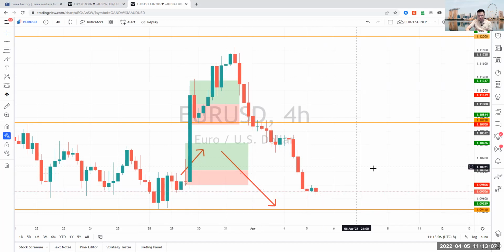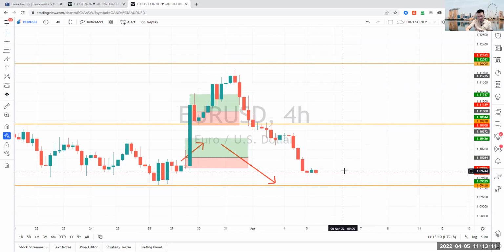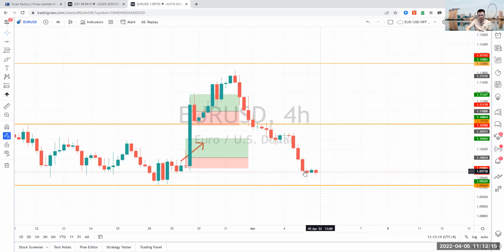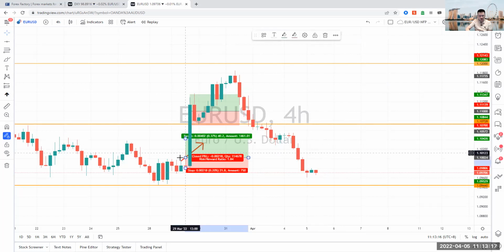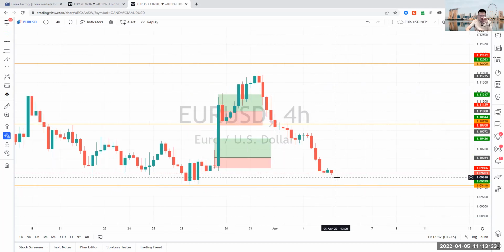So with the euro dollar now, what else to anticipate is to wait, right? I'll take this line away. Wait for the euro dollar to break that 1.0943. At this point right now, do nothing. At that 1.0943 or 1.0945, that's where you start thinking about what you want to do, right?